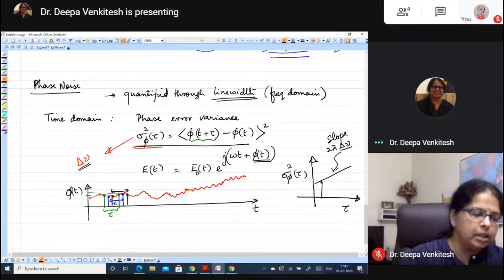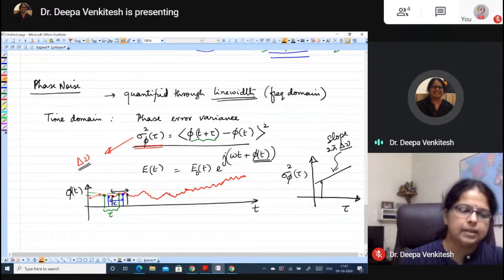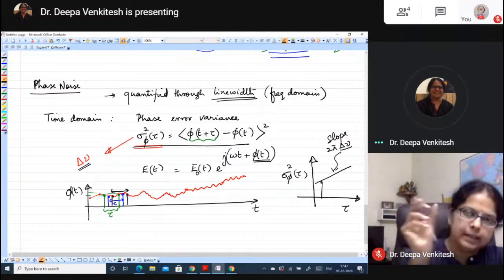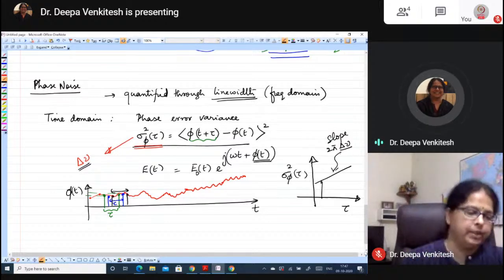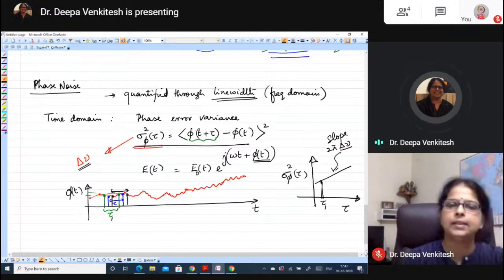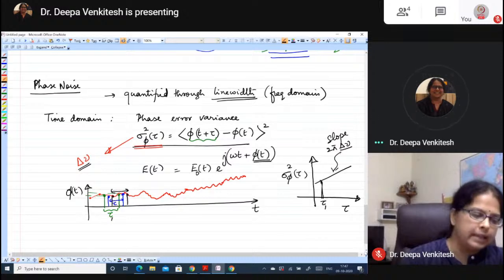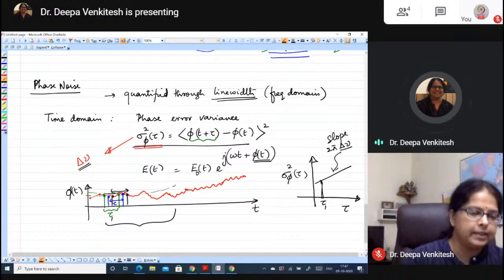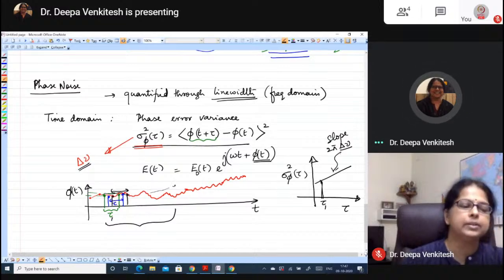If I take a specific fixed delay tau 1, the variance is proportional to line width. But if I take a larger delay, the phase error variance is larger.